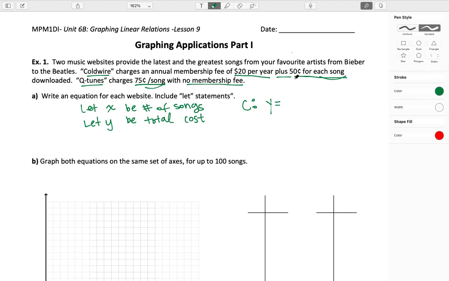I'm going to write 50 cents in dollars, so 0.5X, and there is a one-time fee, assuming we're doing this for 1 year. So it's going to be $20 for 1 year. And then for QTunes, on the other hand, the total cost is 75 cents per song, so 0.75X, but there's no membership fee. So there's no plus or minus.